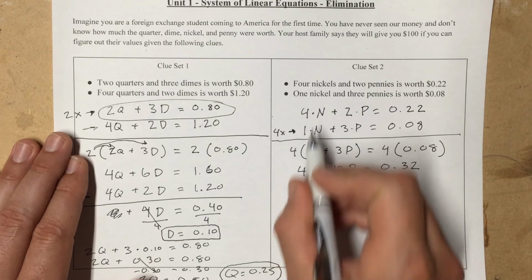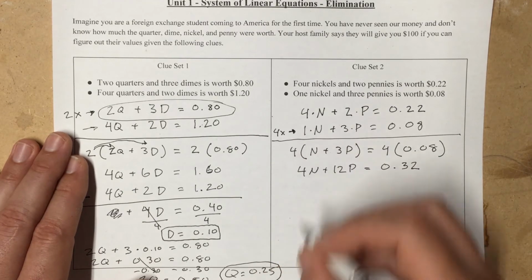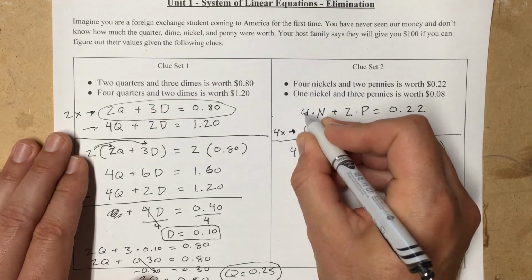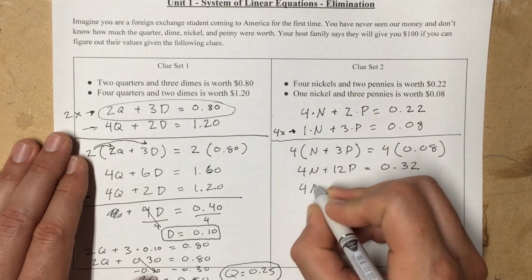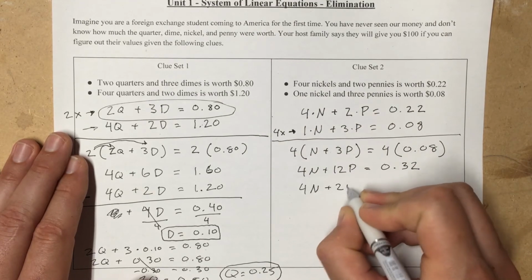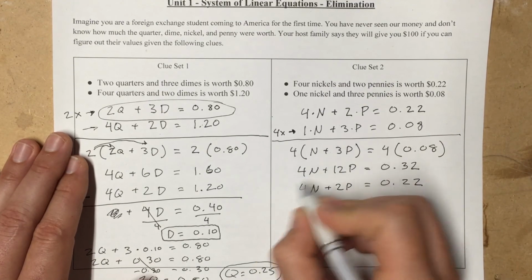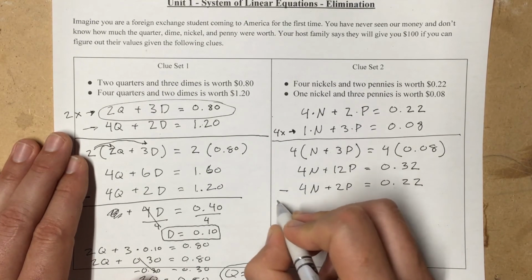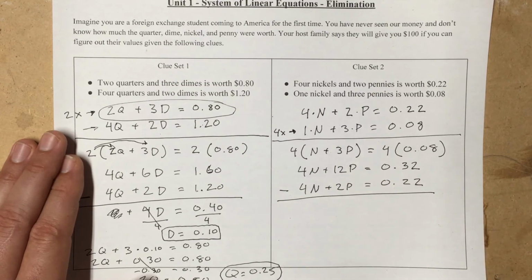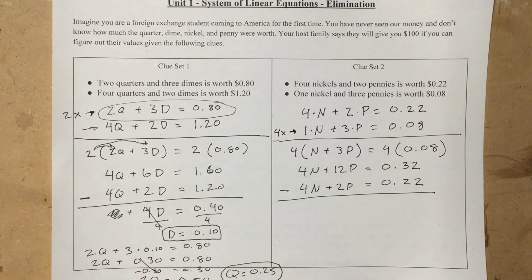The 4n is in common now in both equations. So I'm going to use that 4n plus 2p equals 22 cents. Now I have 4n in both equations. I can eliminate that variable since they're in common.